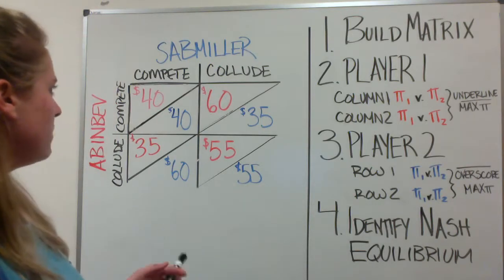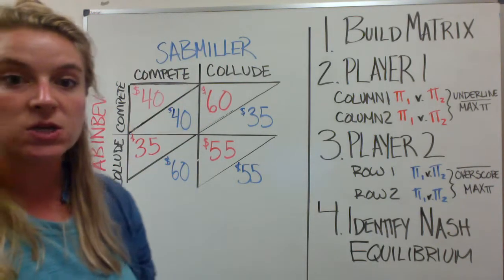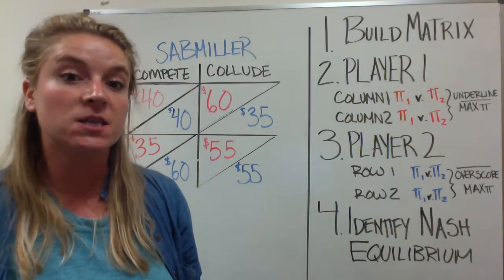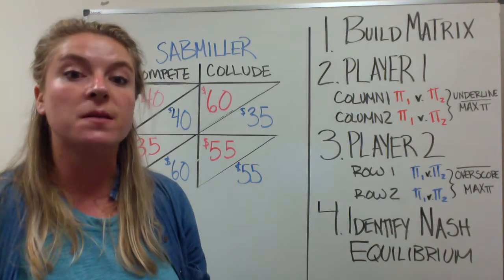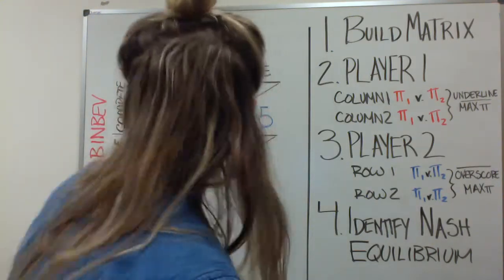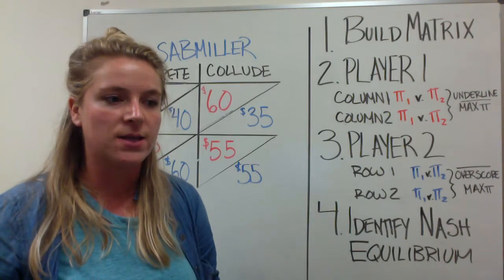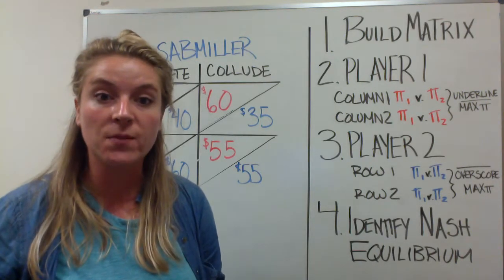So now that we have our matrix built, we can actually go through the strategic decision making that oligopolistic firms are making. So our example is with AB InBev and SAB Miller. They are the dominant firms in the global beer market.